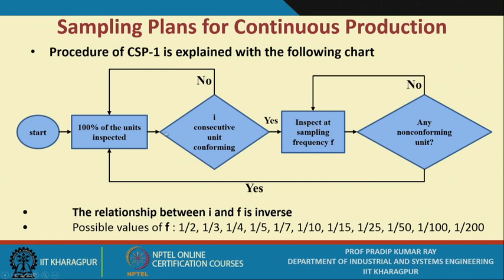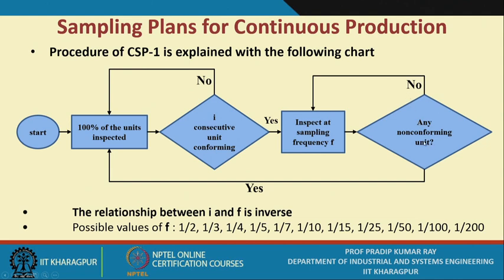So instead of going for 100% inspection, now you go for sampling inspection with a sampling frequency of f. Now during this phase, if you find any non-conforming unit, you immediately go for 100% inspection.